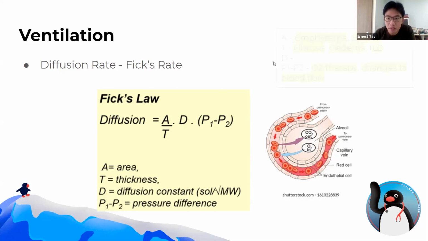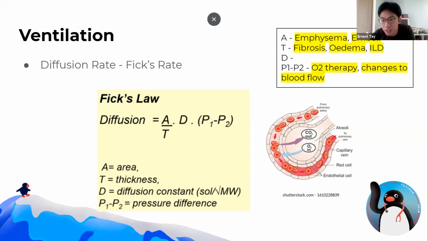So the clinical relevance of this is that there are different conditions that can affect the different factors. For area, that could be your emphysema or your emboli. With emphysema, when you smoke, there's insult to your alveoli, so they degrade and overall the surface area decreases, and that will decrease the diffusion rate in general.